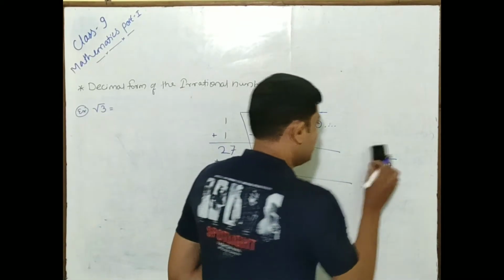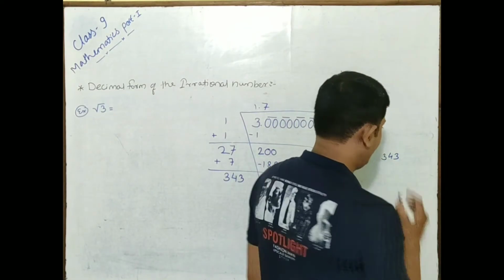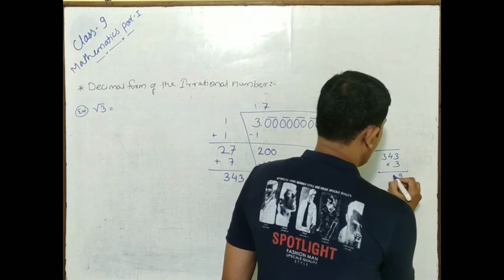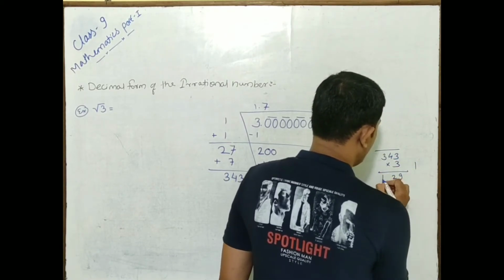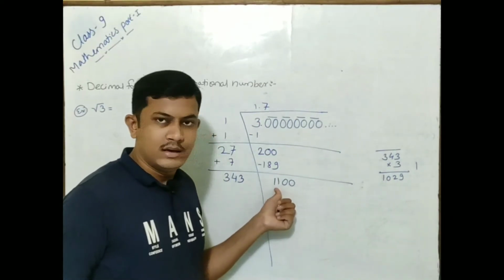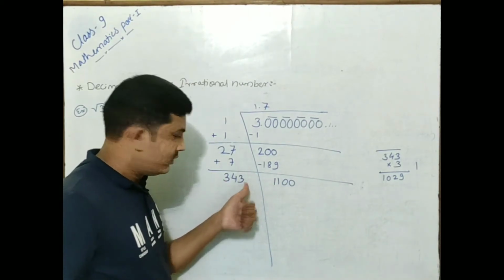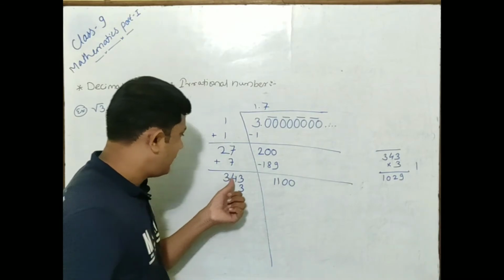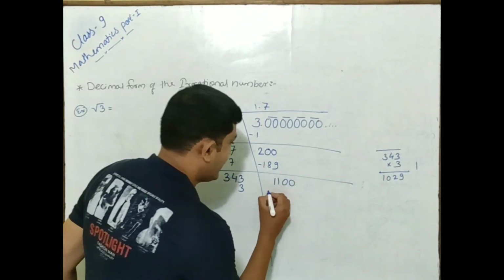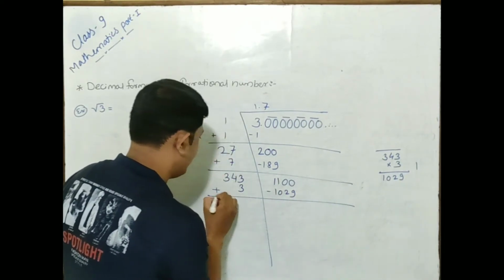If we take the product of 343 by 3, what do we get here? 3 times 3 is 9, 4 times 3 is 12, 3 times 3 is 9 plus 1, 10. The product is 1029, which is less than 1100. So here we take 3, so we have to add here 3, and we subtract 1029 from the remainder.